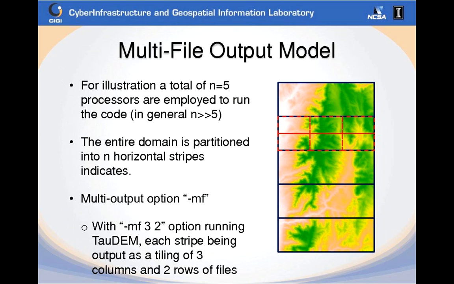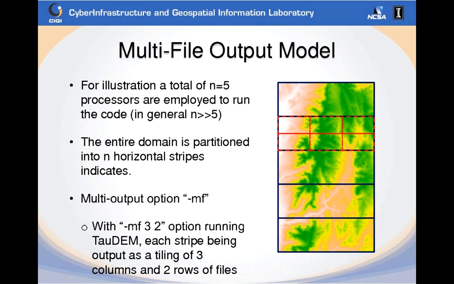So in the current way that TauDEM deals with the input, if you have multiple inputs, in the graph the red rectangles represent the input files. All the input GeoTIFF files compose a big domain.